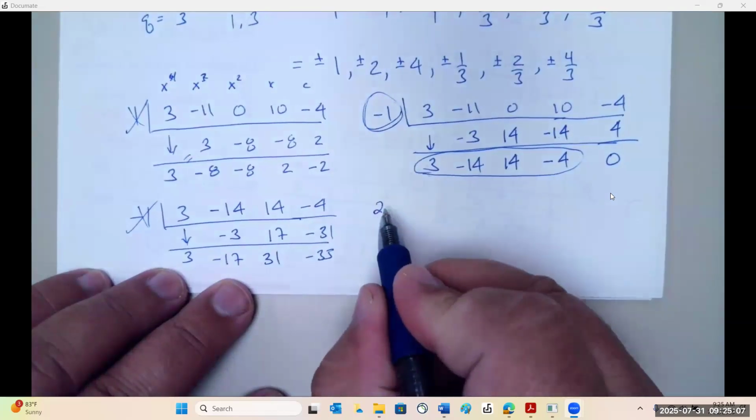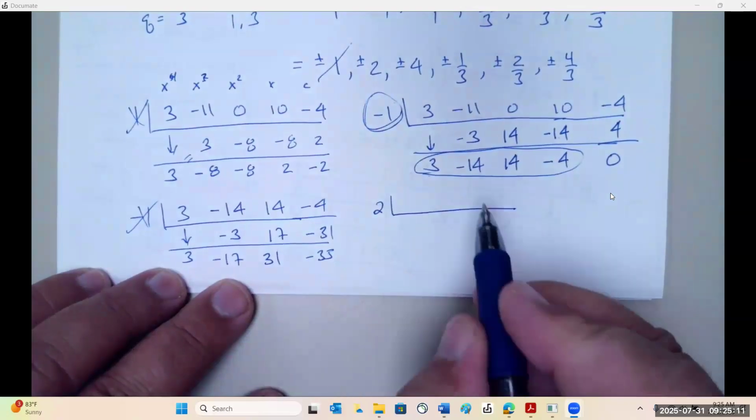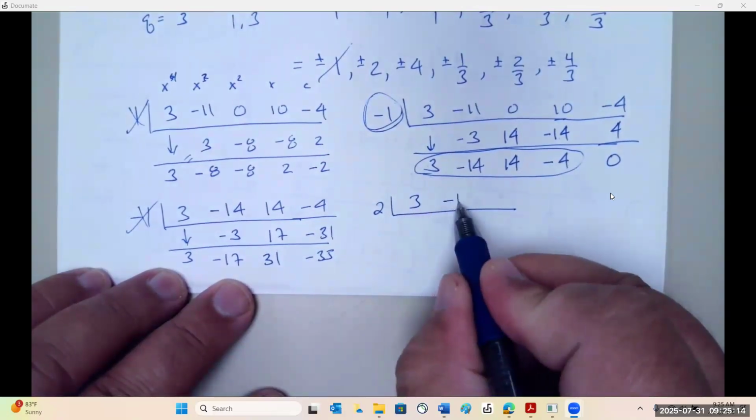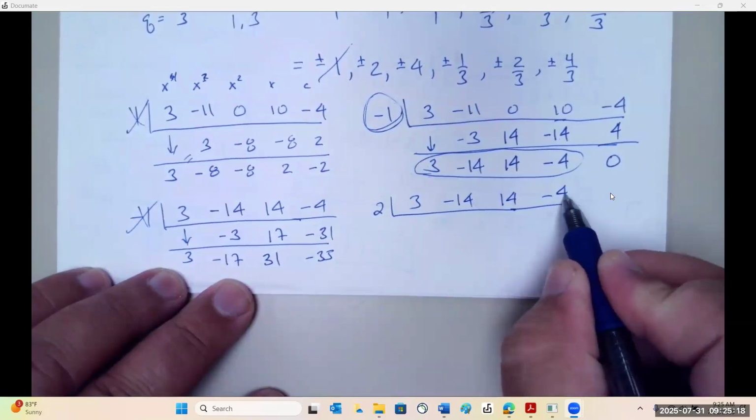Let's try 2. So we finished the ones. Now we try 2. So it's 3, -14, 14, -4.